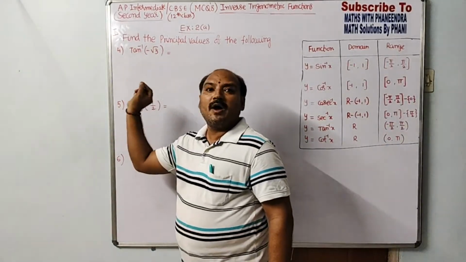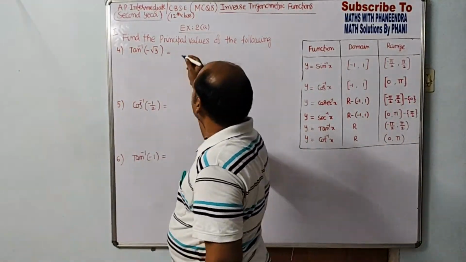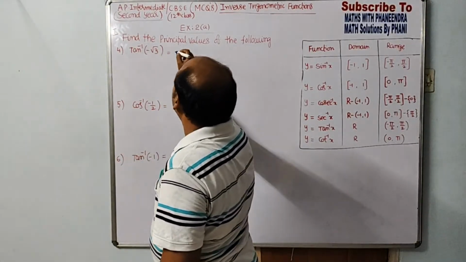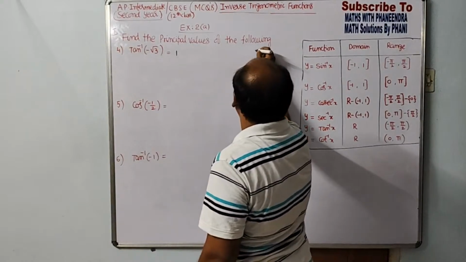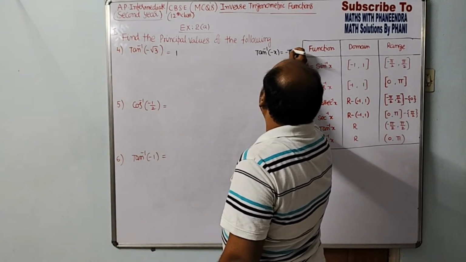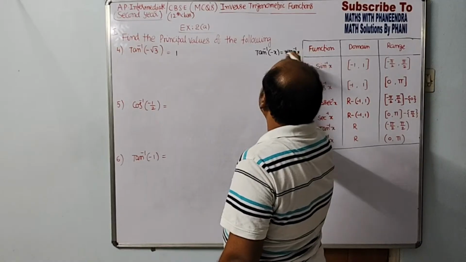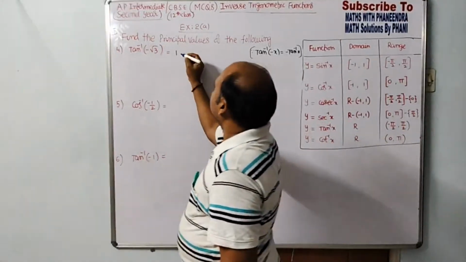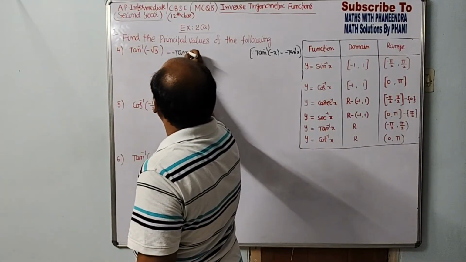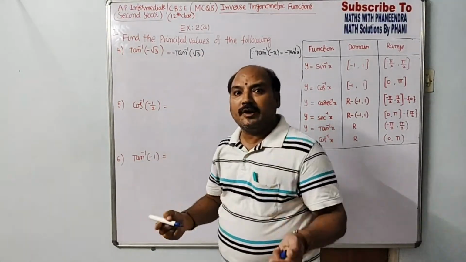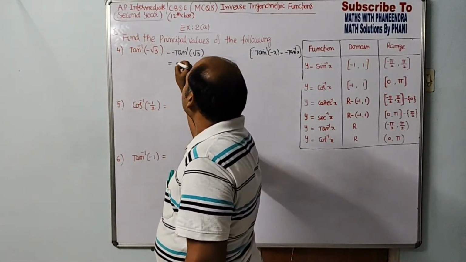Tan inverse of minus root 3. Okay, so tan inverse of minus x is equal to minus tan inverse x. Here I will write it: tan inverse of minus x is equal to minus tan inverse x. So this is the first formula. So minus tan inverse of root 3. Root 3 in terms of tan, for what angle does it come?